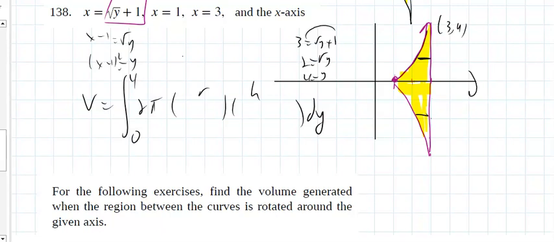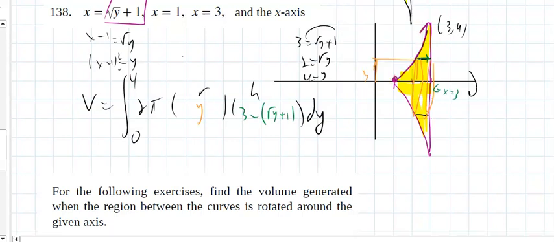I'm going to go from the origin, call that a y, but you notice that that's the radius of the cylinder. And the height will be right minus left. This is x equals 3 minus x equals, make sure you use parentheses, the square root of y plus 1. And that will find me the volume using the cylindrical shells.